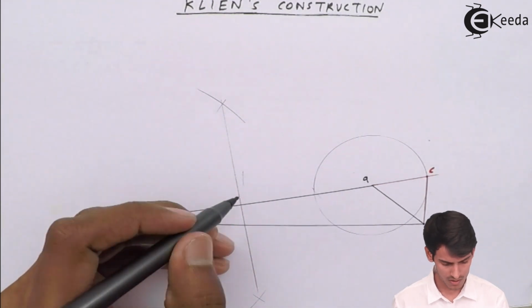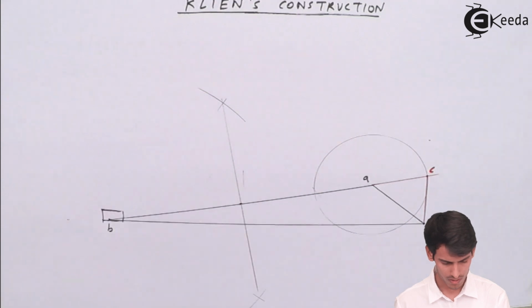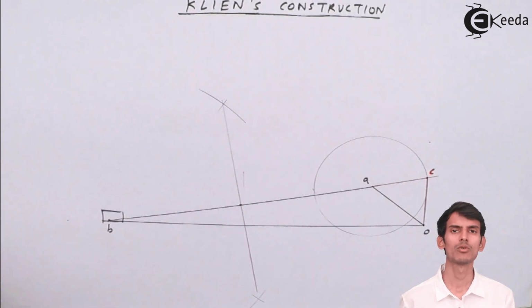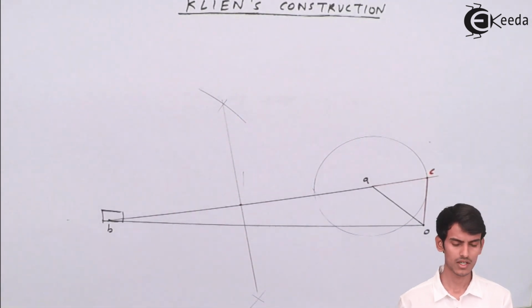So as you can see here, this is the midpoint of the connecting rod. It is a basic way to calculate the midpoint of the connecting rod.